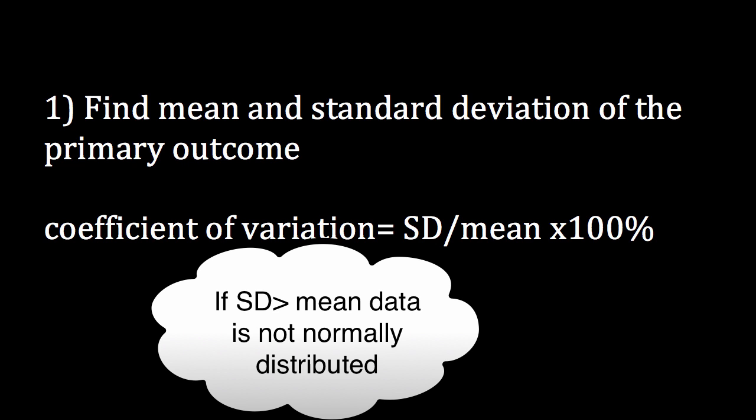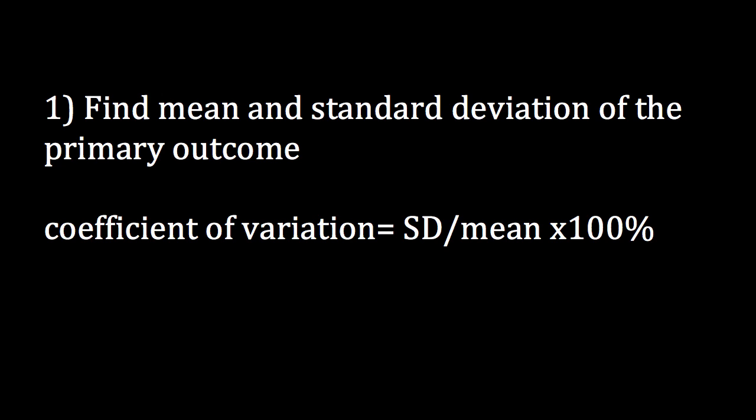The coefficient of variation is useful for presenting and summarizing information, but it only works with positive data. The most important thing here is to make sure that the standard deviation is less than the mean if they're using a statistical test for data that needs to be normally distributed.